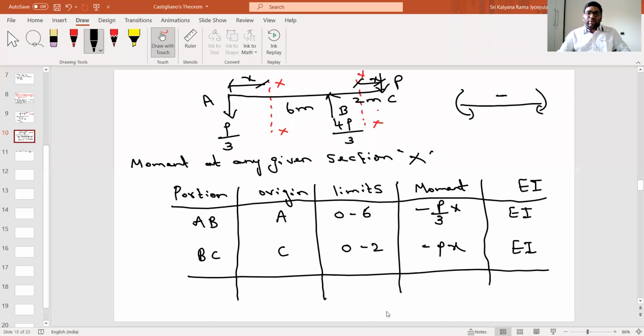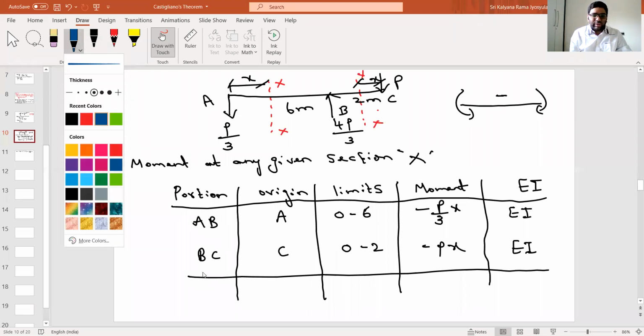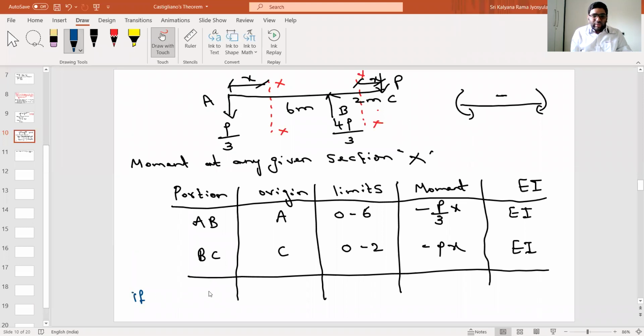Two. And there is one more reason why we have chosen C as origin. When we are integrating, if I take B as origin, I'm just putting it out of context, not required, but just as a note point.